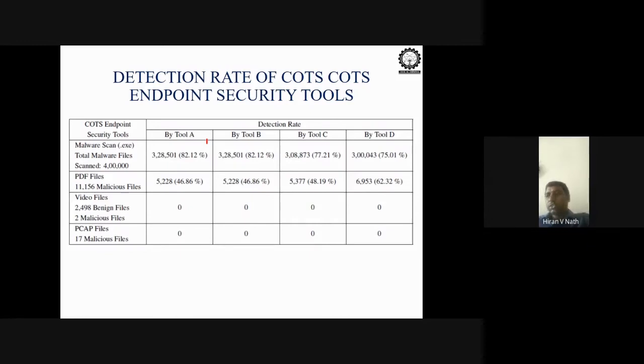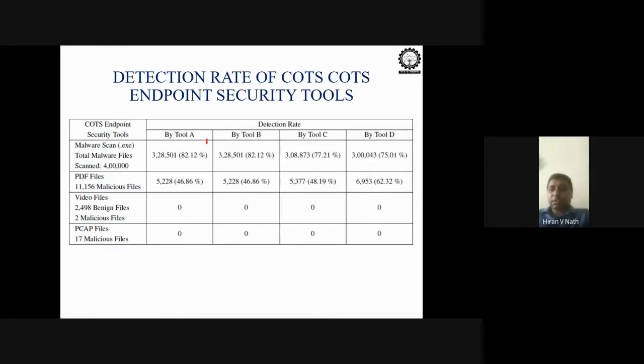We have scanned almost 4 lakh malware samples, and the best result we have got, the best tool was capable of detecting almost 82% of malware.